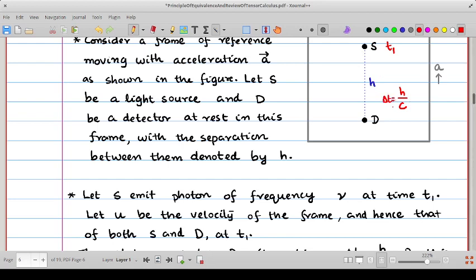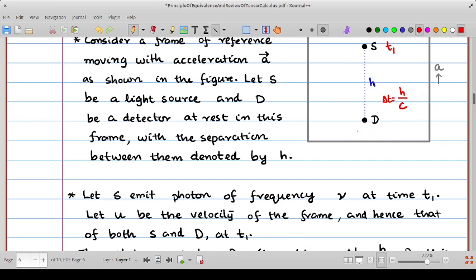Now, by this time taken by the photon to reach from S to D, delta t equal to h by c, the frame of reference would have achieved additional velocity, and since D is at rest with respect to the frame of reference, D would also have acquired that much velocity.